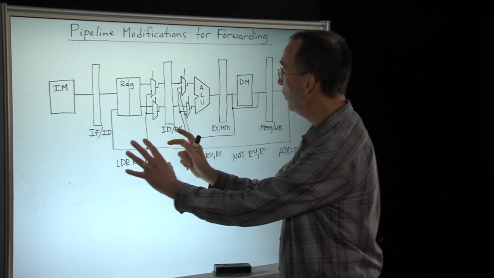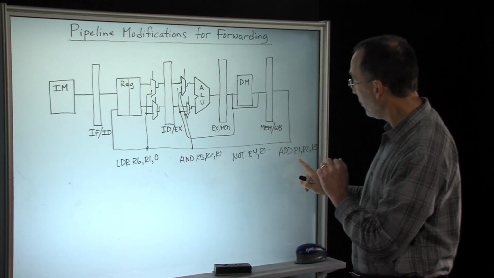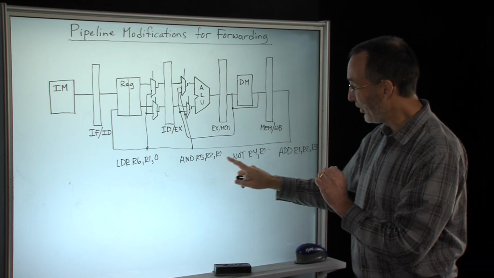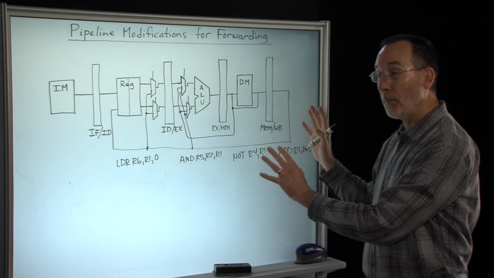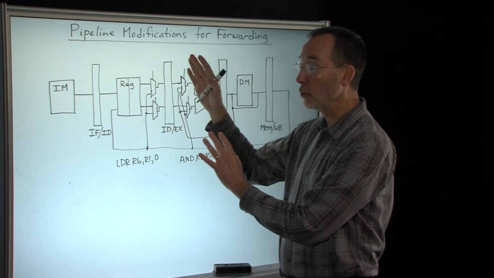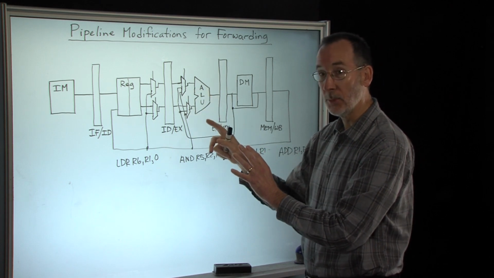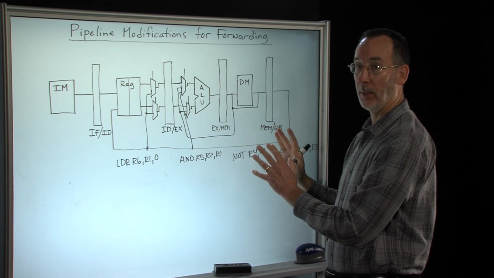As instructions move through the pipeline, we're comparing destination registers, like R1, with the source register numbers of the instructions behind it. So there have to be comparators and these multiplexer controls to make sure the proper value is input to each of these multiplexers dynamically as instructions move through the pipeline.